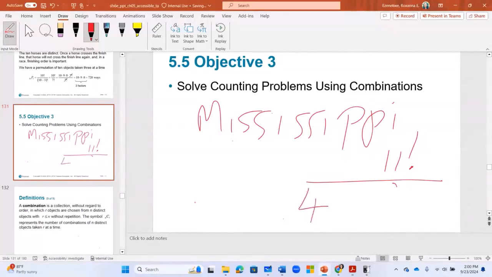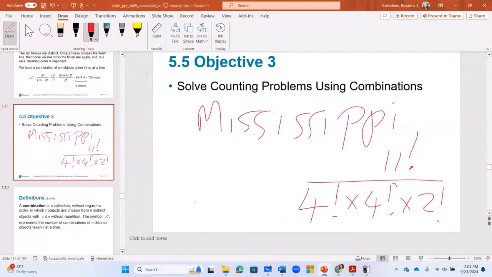S repeated 4 times. P repeated 2 times. Therefore, if I evaluate this correctly, I need to use my calculator.